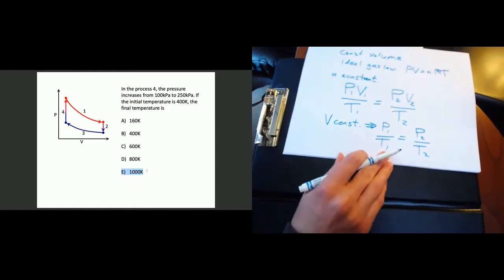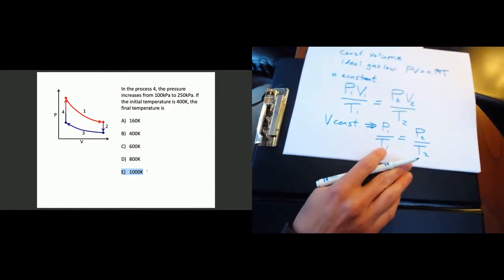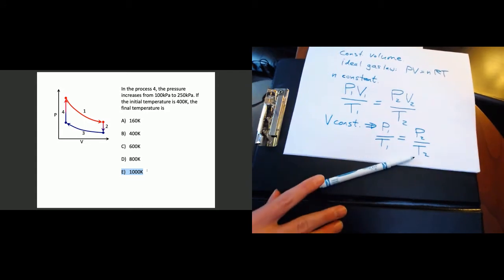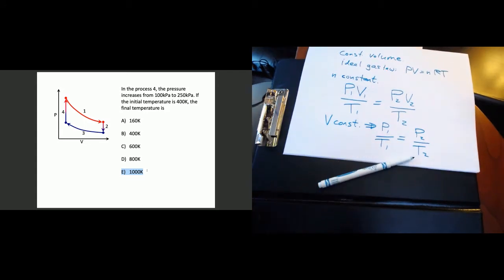And so then this is an equation that we can use, given the data in our question, to figure out the final answer. Okay, so this rearranges to P1 over P2 equals T1 over T2, and it's equivalent to just saying that pressure is proportional to temperature. Okay, so you can see that this will mean if I double temperature, I'm going to double pressure.